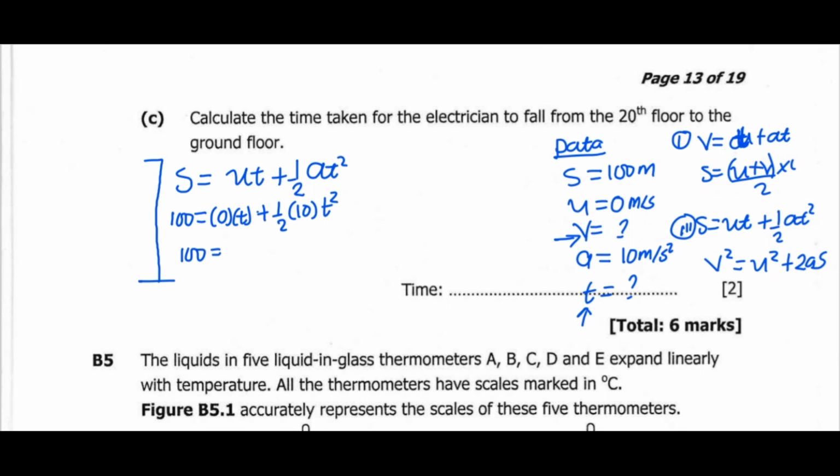Half of 10 will give us 5t squared, over 5. T squared is equal to 20. Then square root. So t is equal to the square root of 20, which is 4.5 seconds.